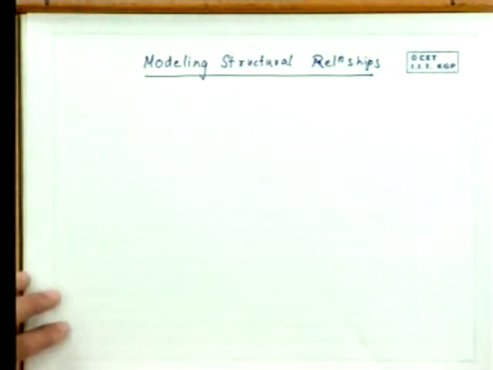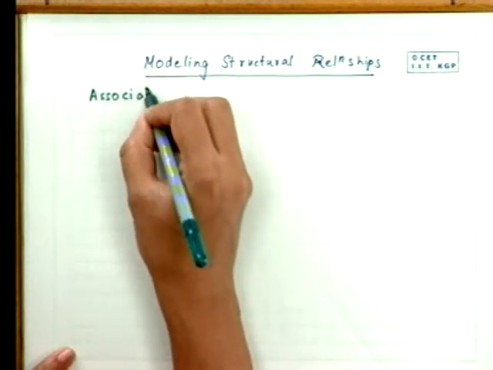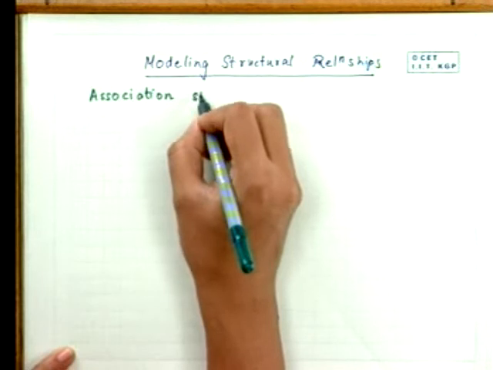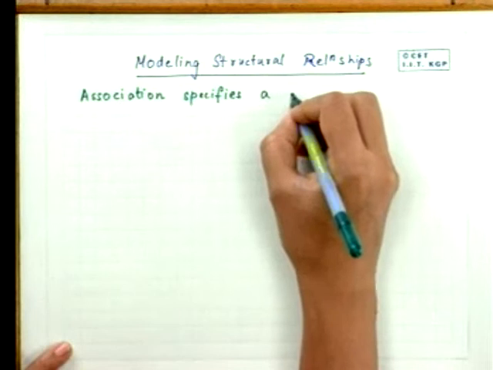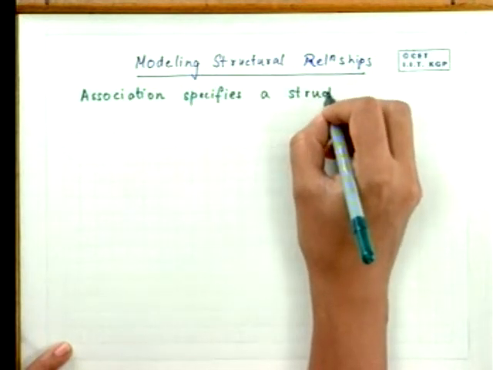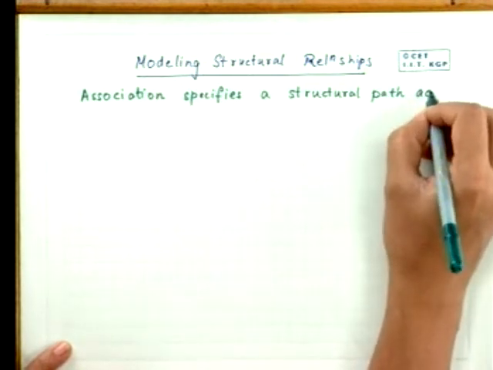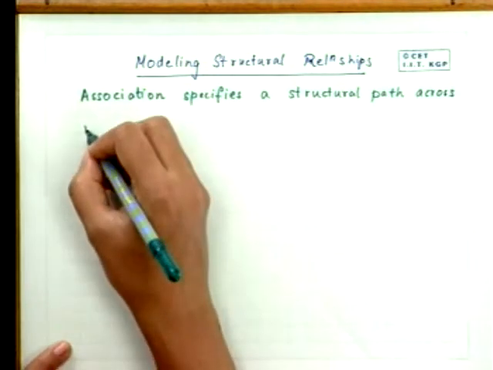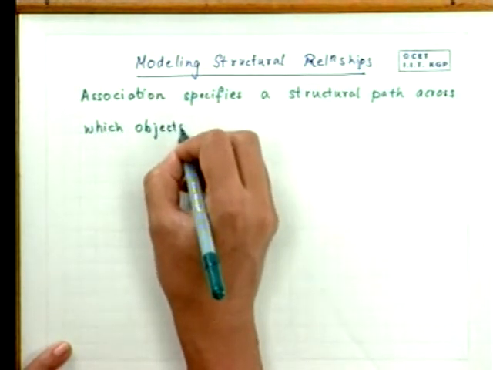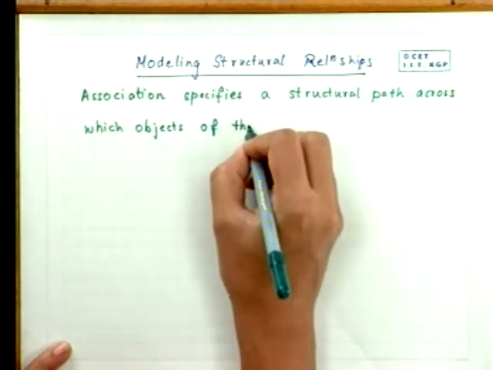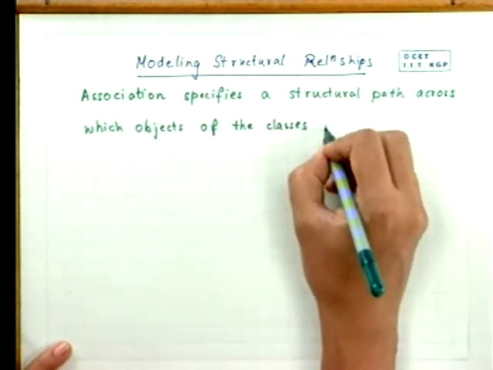First, we note that the association relationship specifies a structural path across which objects of the classes interact.